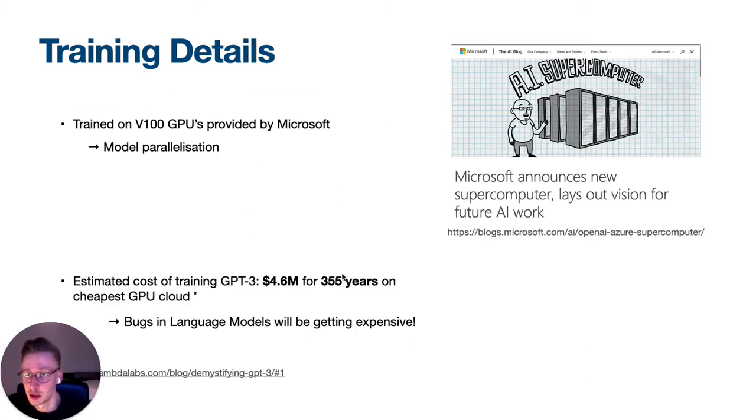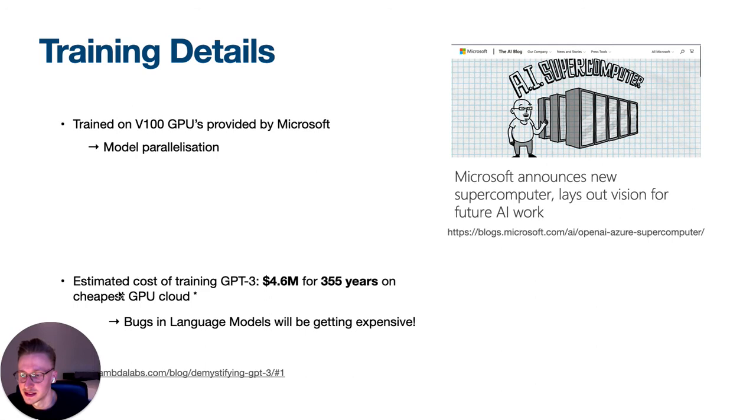So let's talk quickly about some training details from GPT-3. They used V100 GPUs that were provided by Microsoft. And obviously they had to use model parallelization because otherwise they would run out of memory very quickly.